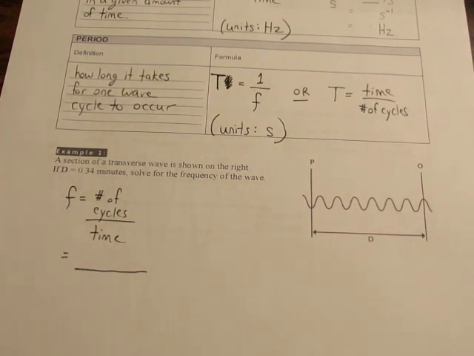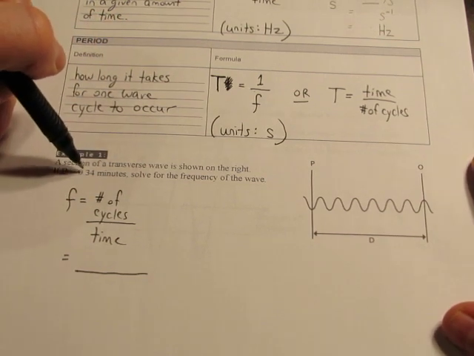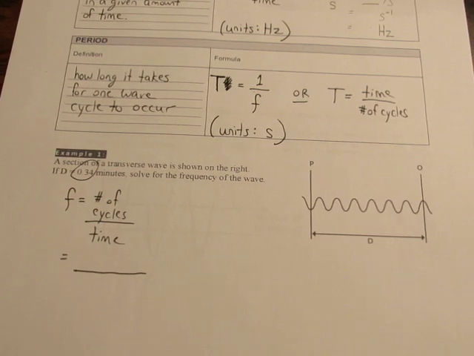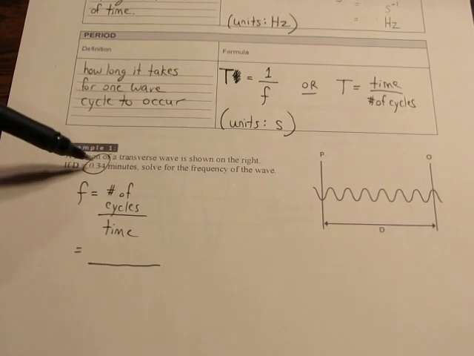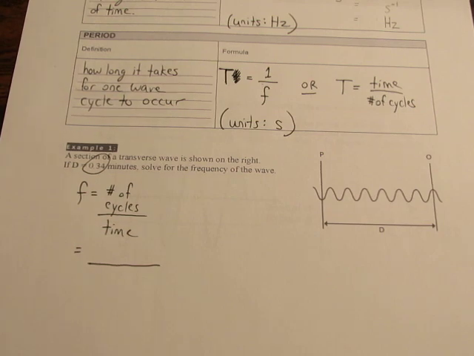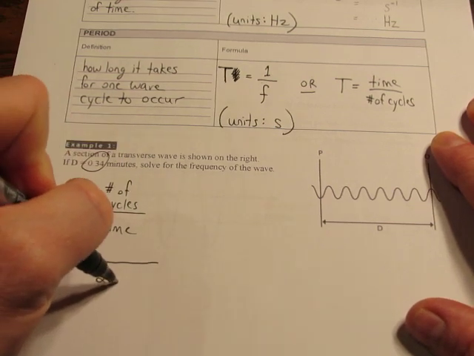Every value that you use in formulas has to be in standard metric units. And it's telling us that time is 0.34 minutes. It has to be in seconds. So you need to convert that to seconds, and certainly don't just jump the decimal over twice and say that it's 34 seconds. That's not the case. 0.34 minutes, if you multiply by 60 to make that conversion, is 20.4 seconds.